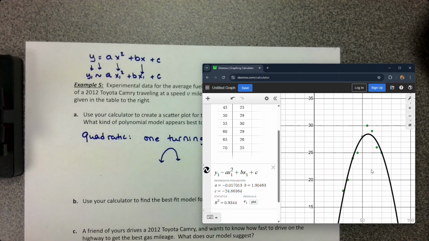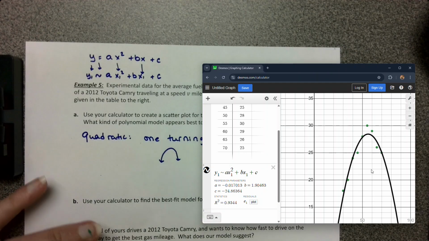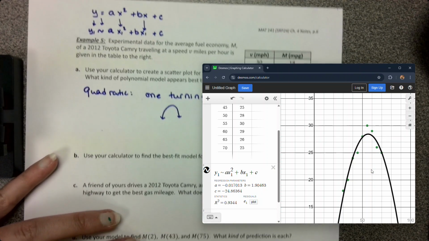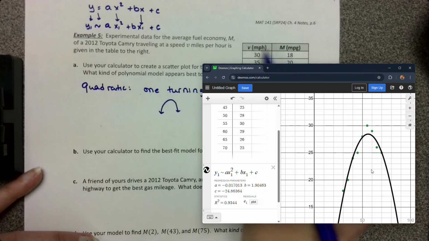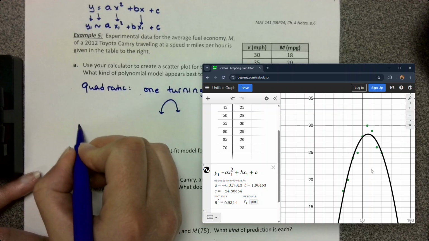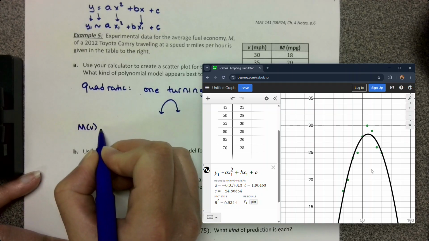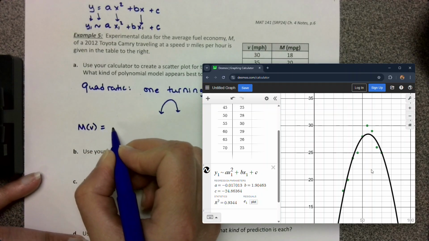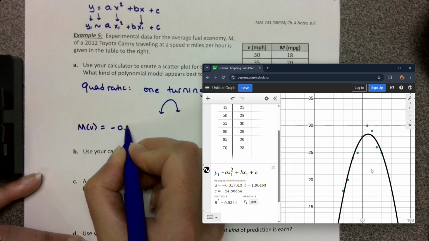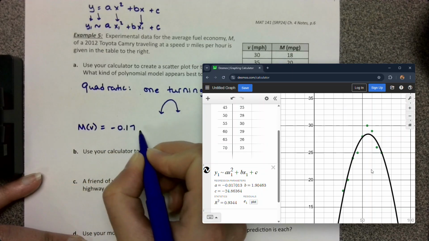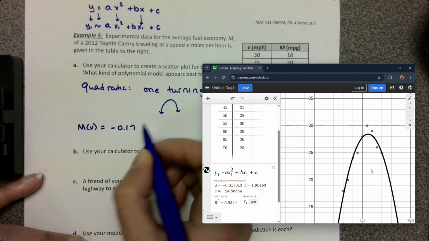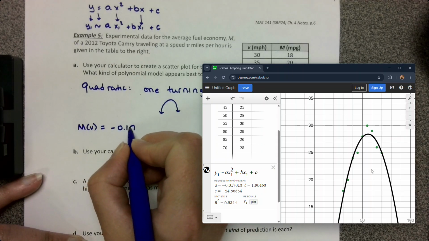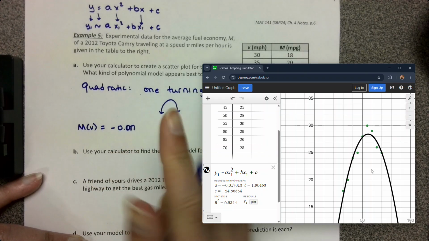Okay, this model, the variables here were m for output and v for input. So m of v equals, the a value is negative 0.170. I missed a 0. Sorry about that. Let me squeeze that in there.